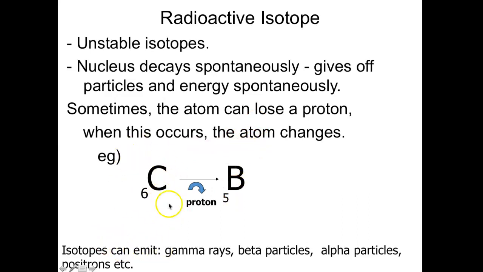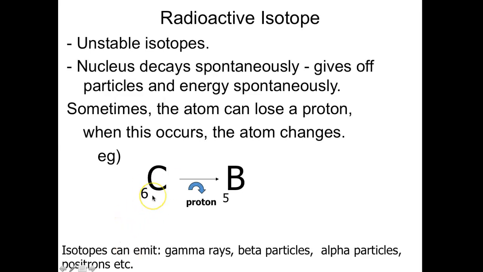So basically, there's a form of carbon that has a little bit more energy in the nucleus. As a general rule, everything in nature, molecules, everything likes to be at a low energy state. Nothing likes to have extra energy. So they always try and get rid of that extra energy.